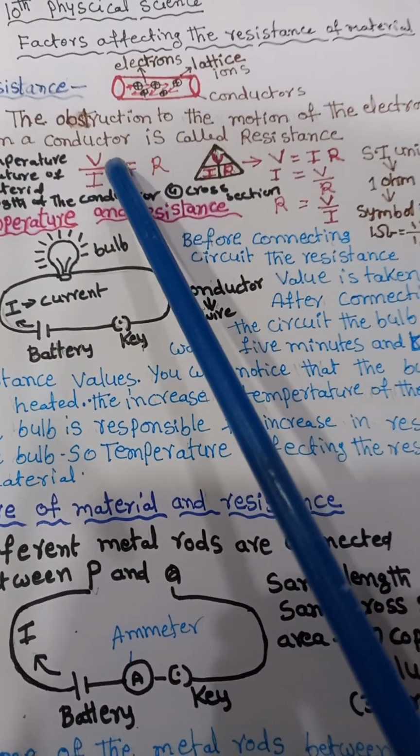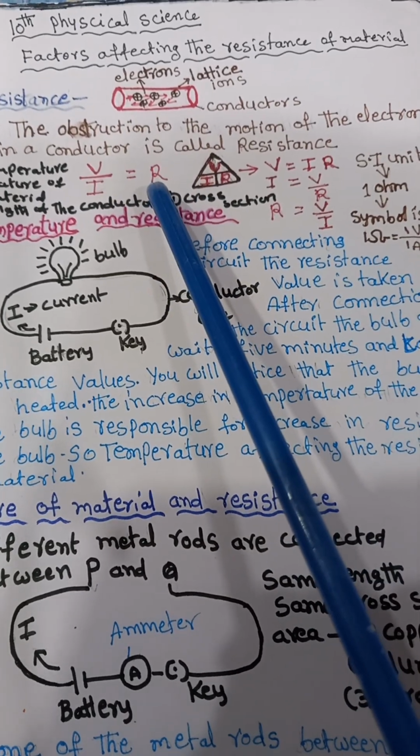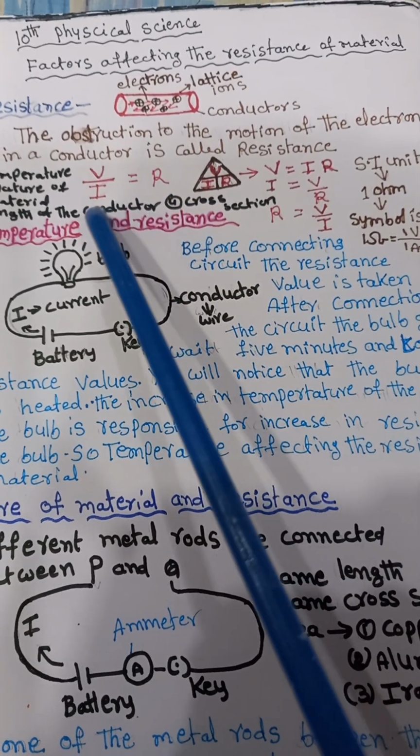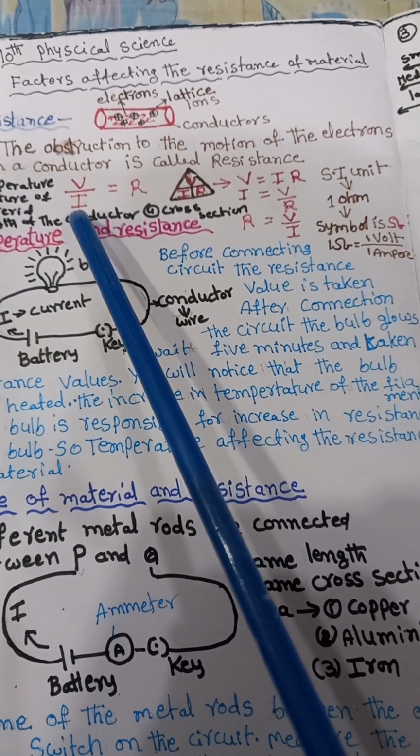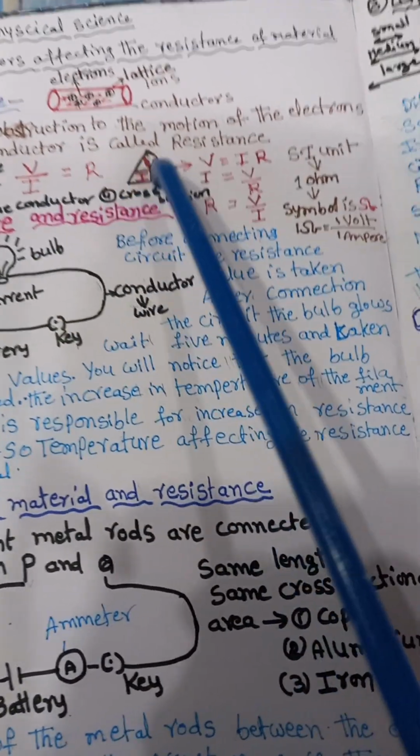Then, resistance means R. R is equal to V by I. V means potential difference and I means current.